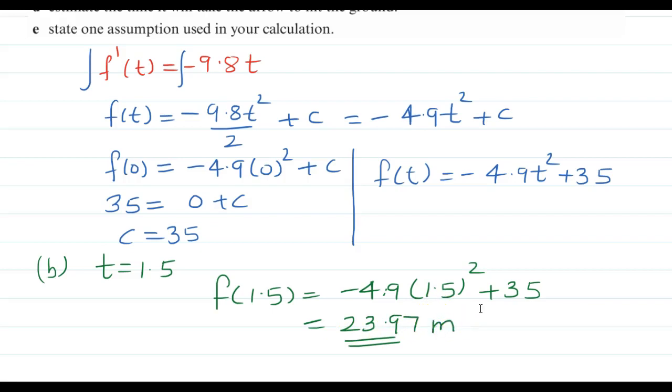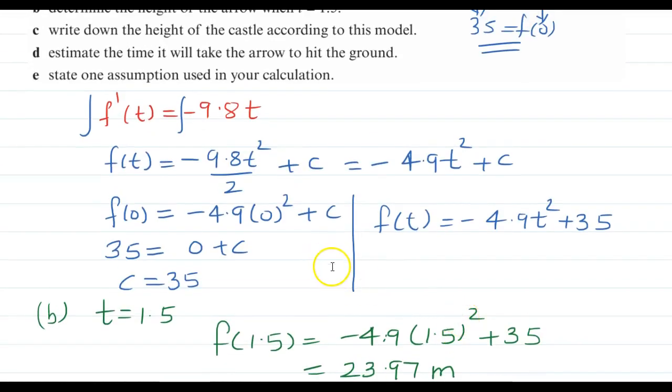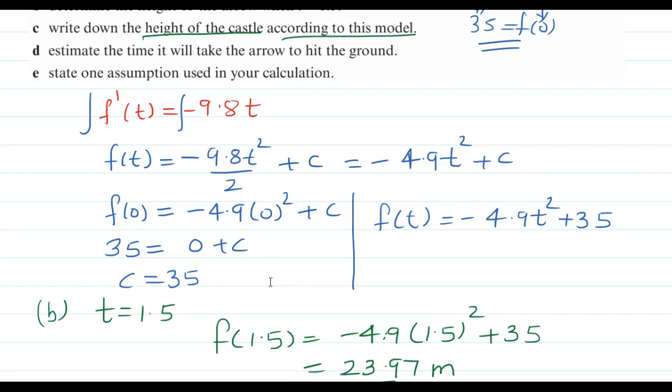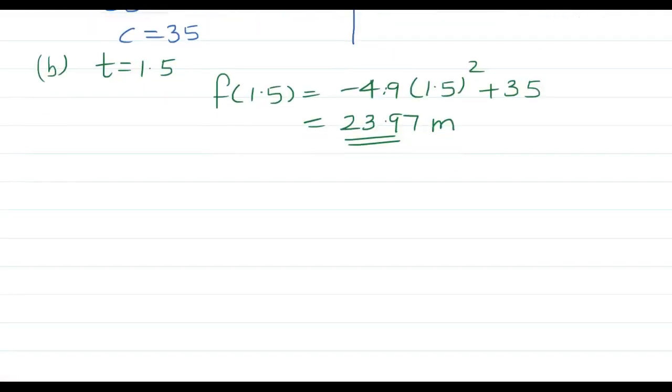Yeah, now C part, it is given, write down the height of the castle according to this model. So what we are going to do, height of the castle. So f(0) is 35. So let's put f(0) here, 35, that is C part. f(0) is 35.